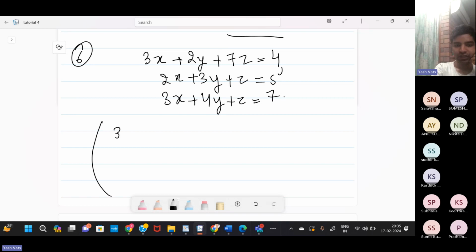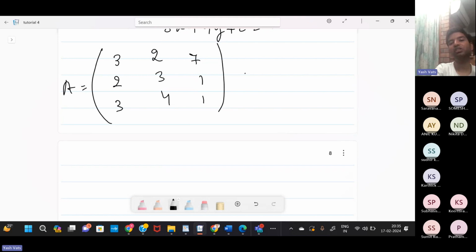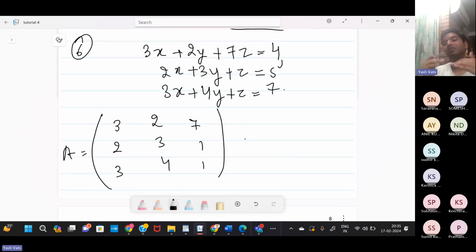So you have 3, 2, 7; 2, 3, 1; 3, 4, 1. This is A, right? This is a new question. If you are given a system of equations to solve, you just try to factorize it in LU. This is A and B is 4, 5, 7.